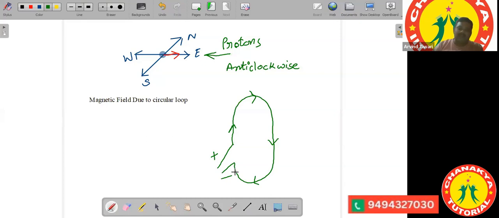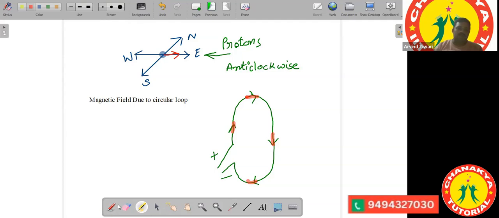Let us say in the first case, I consider this length of the wire. Then here I consider this length of the wire. Here I consider this length of wire. And here I consider this length of the wire.